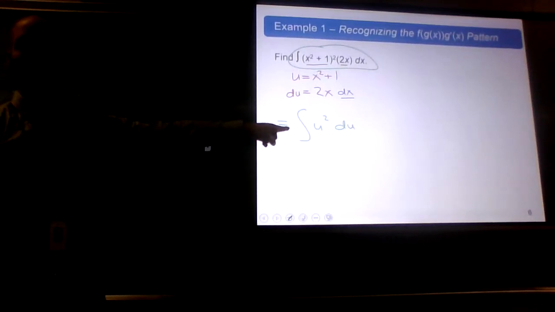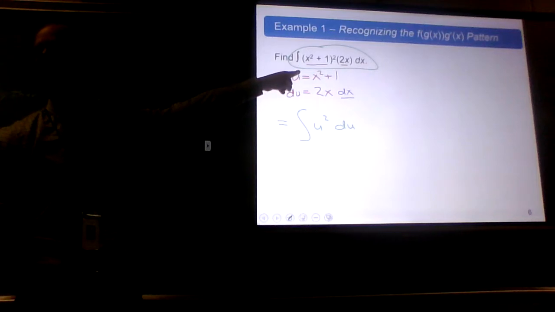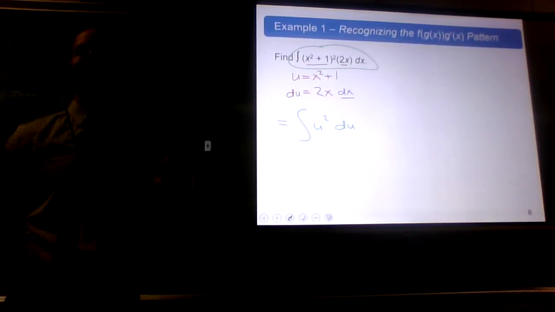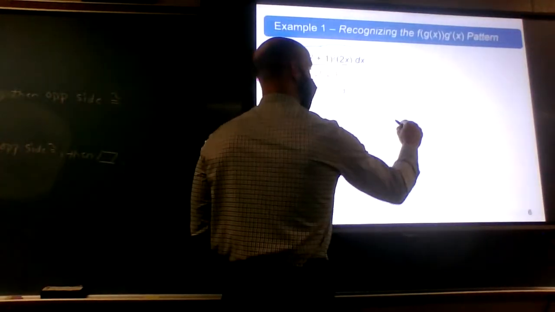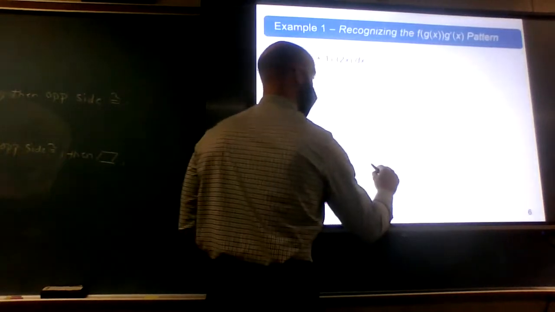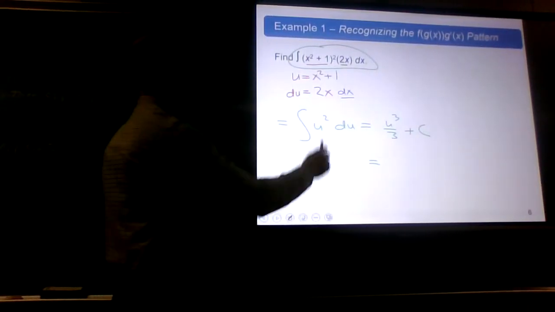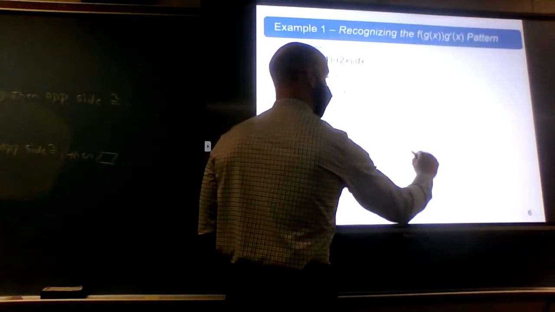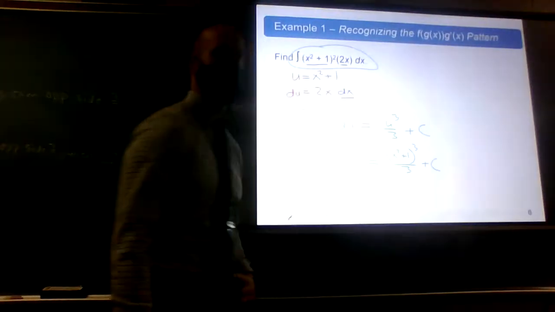Doesn't my integral in the green look much easier than the original integral? So let's integrate that using the power rule. What's the antiderivative of u squared? U cubed over 3 plus c. Oh, and last but not least, what was u? X squared plus 1. So the final answer is x squared plus 1 to the third over 3 plus c.